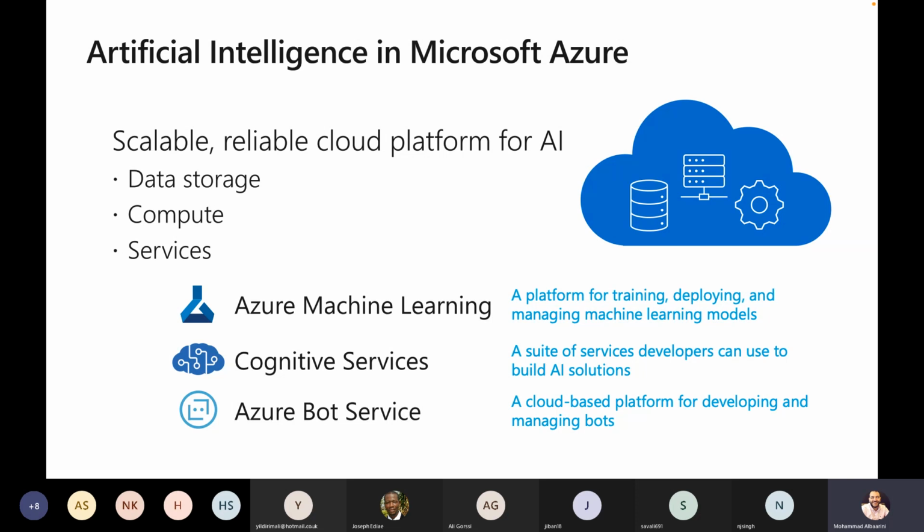The key Azure services that we'll experience in this course are Azure Machine Learning, Cognitive Services, and Azure Bot Service. Azure Machine Learning is a platform for training, deploying, and managing machine learning models. Cognitive Services is a suite of services developers can use to build AI solutions, and Azure Bot Service is a cloud-based platform for developing and managing bots.